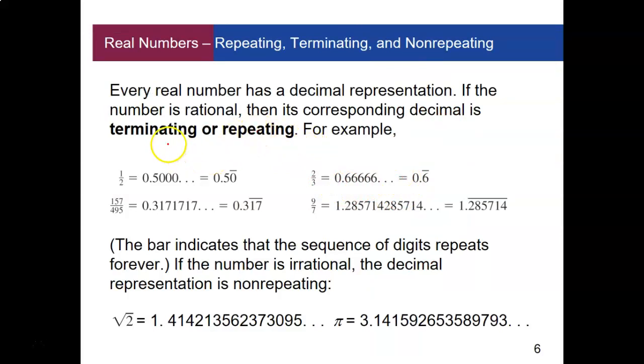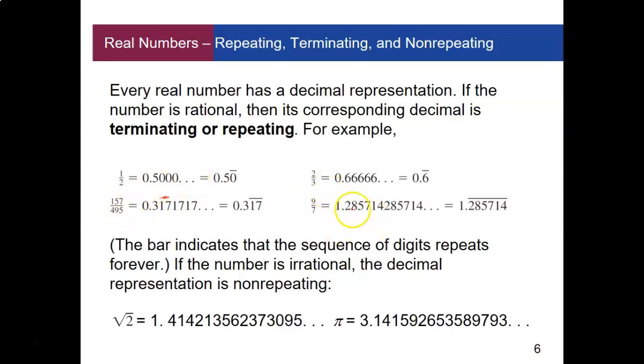Okay, so we mentioned earlier that terminating and repeating decimals are going to be considered your rational numbers. So if you have something like 0.5, that is a rational number, and can be converted to the ratio of integers here. If you have one that's repeating, like the 1/7 repeats on this, then that would be another example of a rational number that can be rewritten as a ratio of integers.